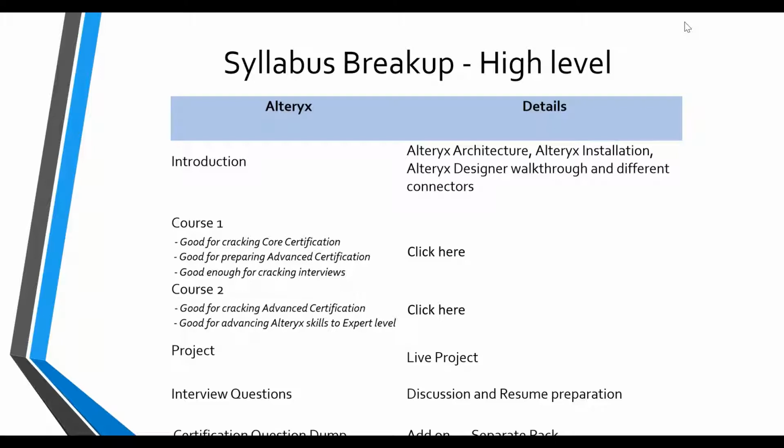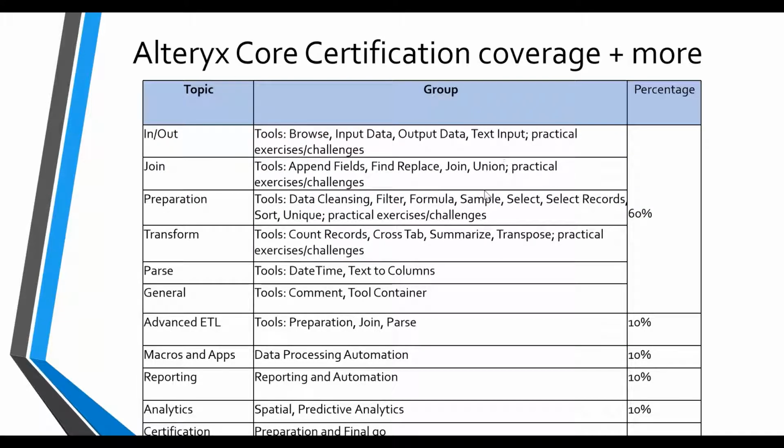And course 1, which is what we have seen the demo for, is for beginner, intermediate, and beginning advanced kind of coverage. And course 2 will be purely on advanced topics. That will be a short and fast-track course. But this one is for course 1, and this is what the coverage will be.